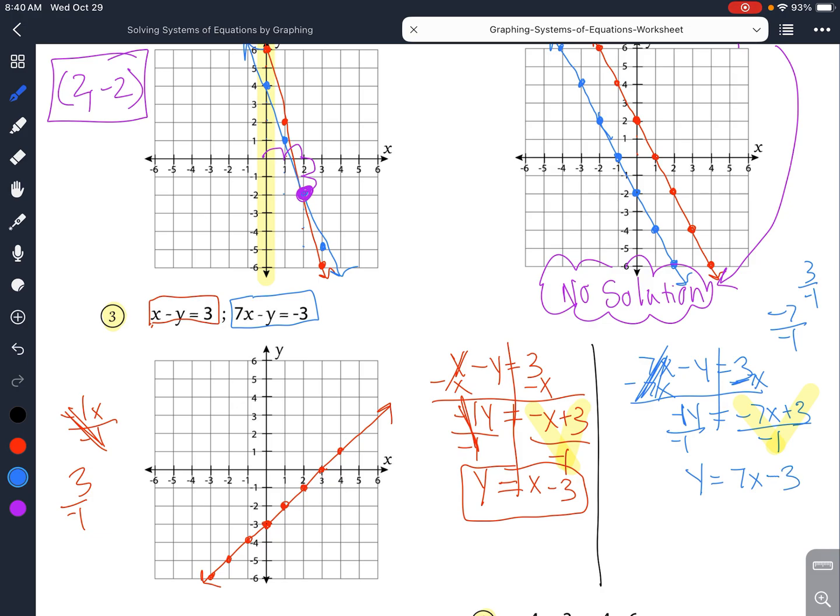So I'm going to come here and graph this now. My y-intercept is at -3. My slope is a positive 7, so I'll have to go up 1, 2, 3, 4, 5, 6, 7, and over 1.